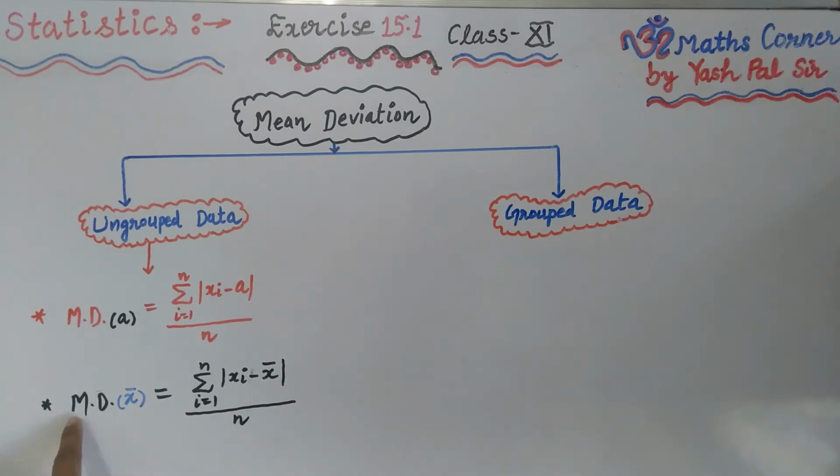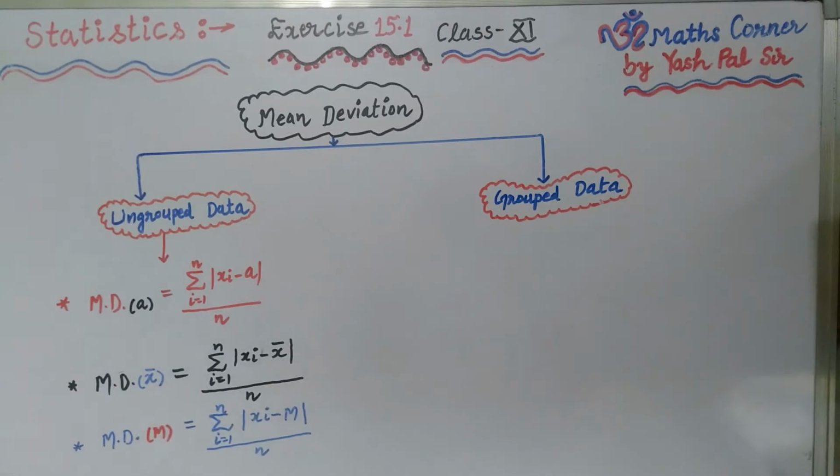Second, mean deviation about mean is equal to summation i equal to 1 to n modulus of xi minus x bar, the mean, whole divided by the number of observations. Similarly, third, mean deviation about median, M meaning median, summation i equal to 1 to n modulus of xi minus M, whole divided by n, the number of observations.